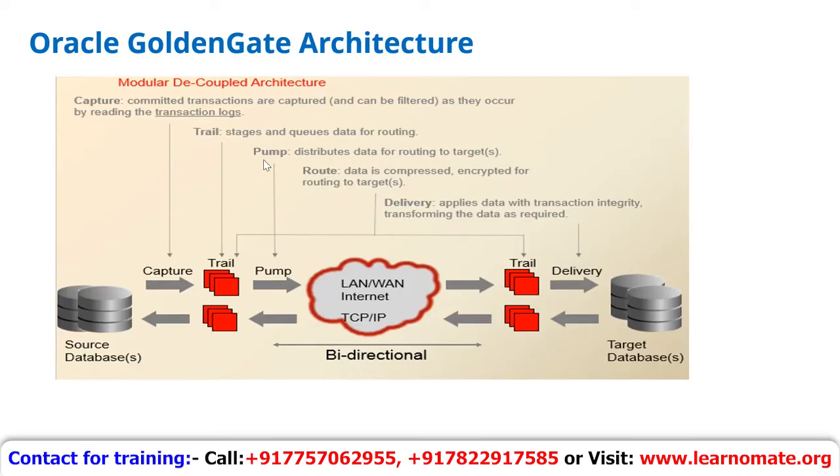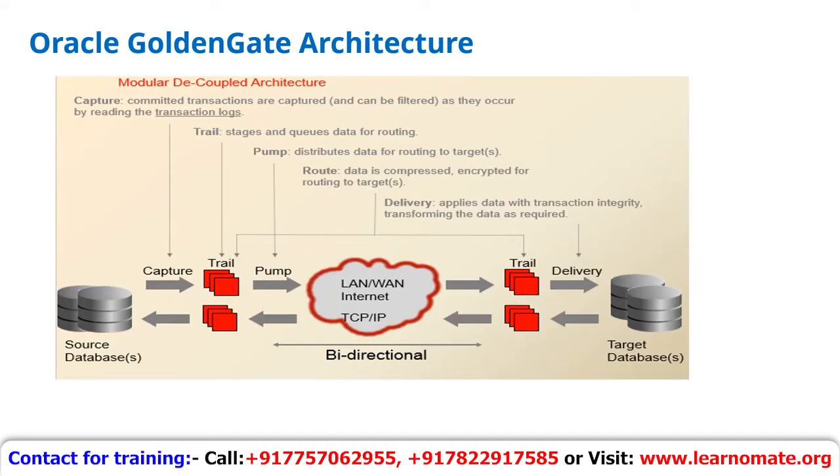The data pump process reads the data from the local trail, sends it over the TCP/IP network, and writes it to the remote trail. Once the data becomes available in the remote trail, the replicate process reads it and applies it to the target database. So, as I mentioned, there are three processes involved in GoldenGate replication: extract, pump, and replicate.